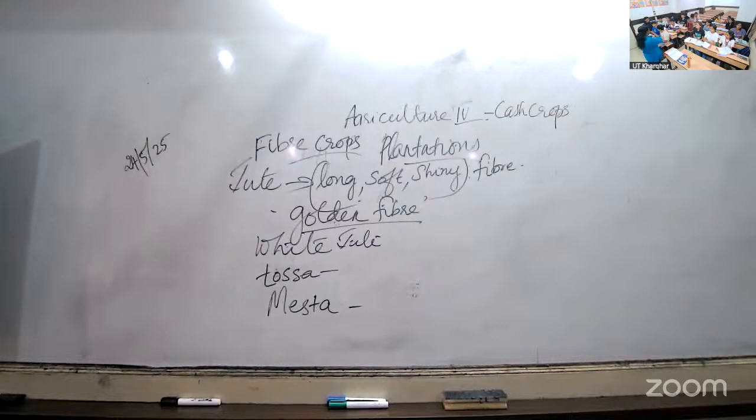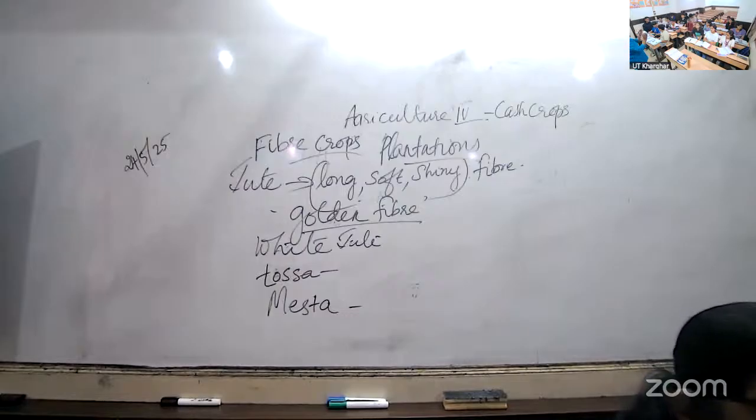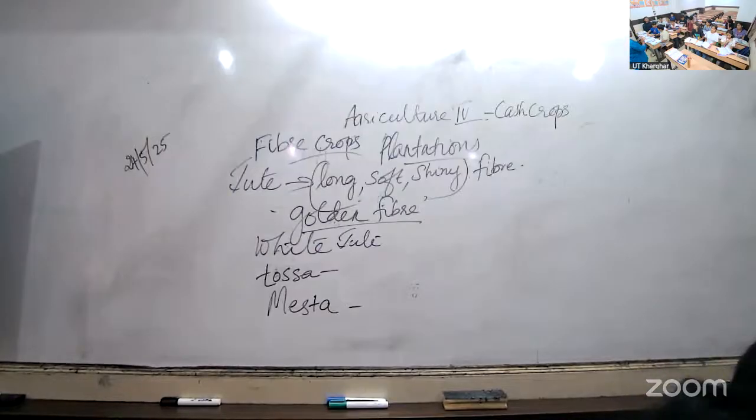So now, how can India manage? Most of the jute industries were in India, around the Hooghly Basin, and the jute producing areas shifted to East Pakistan.